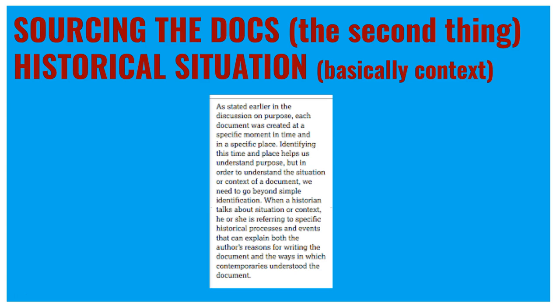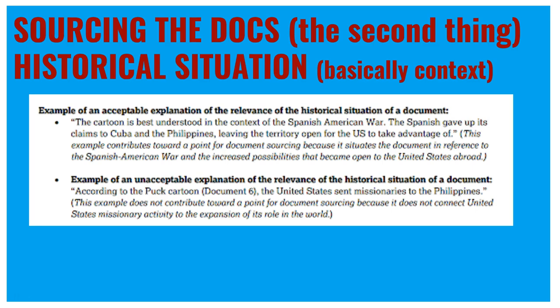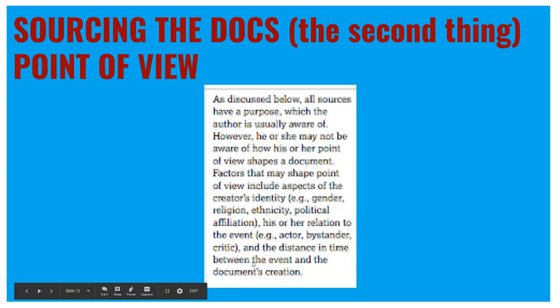Hitler's making a move on Europe. So the context is important to understand an American speech by Franklin Roosevelt. Here is an example of one that is successful and one that's not successful. Again, pause and study.